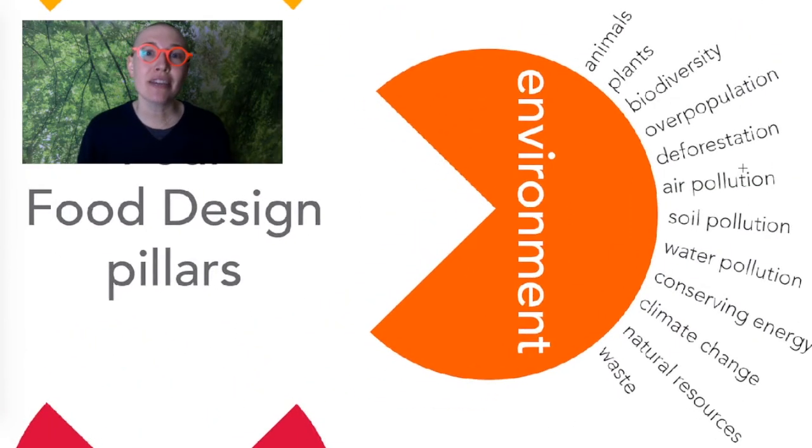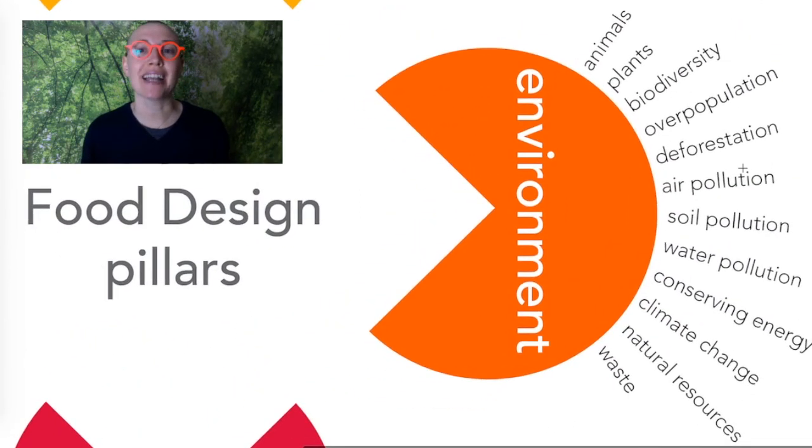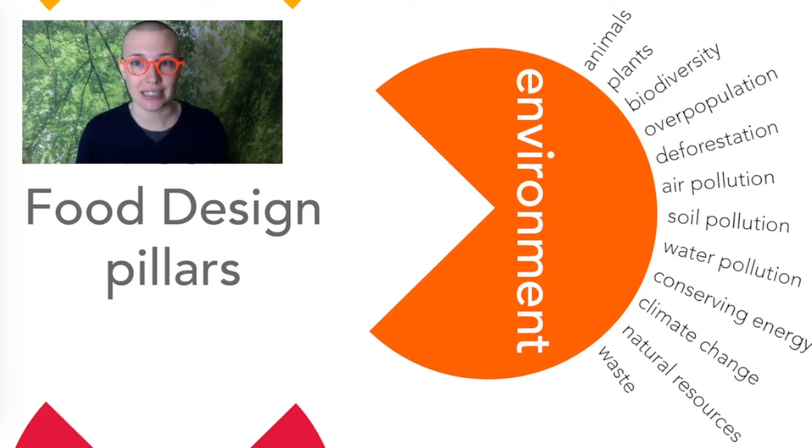And finally, the fourth pillar of food design is environment. Food designers should first of all take into account the ethical aspects related to animals and plants. This means thinking about the animals and plants that make up the food itself, but also any ethical considerations about their lives before they become food.